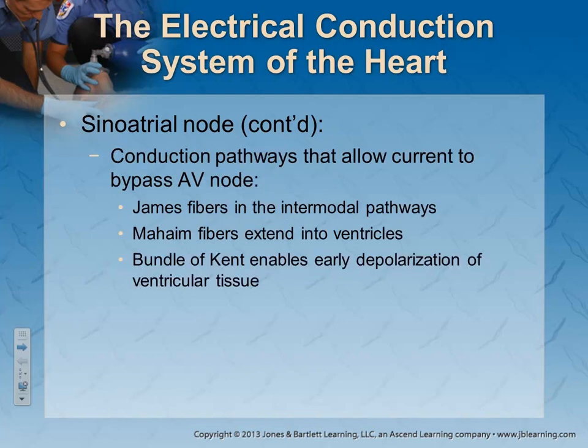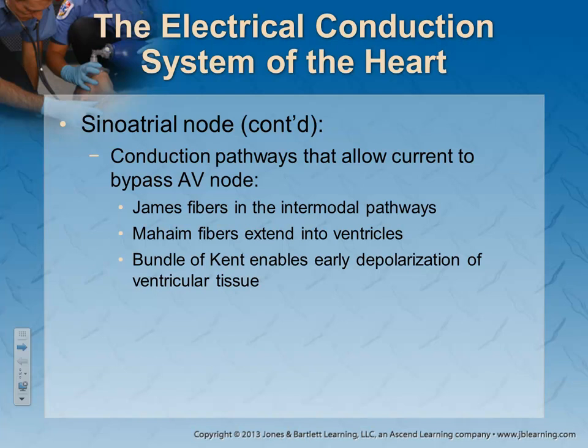We talked about a couple of these terms. The James fibers are in the internodal pathways, those electrical lines. The Mahaim fibers extend into the ventricles. And then the bundle of Kent enables early depolarization of ventricular tissue.